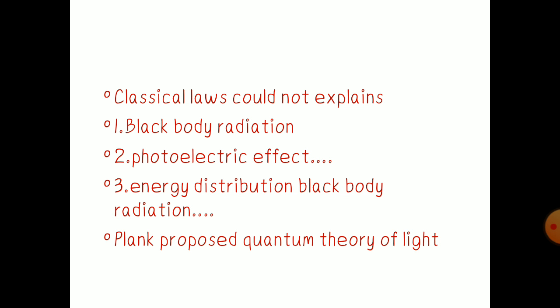Why the photoelectric effect is observed in metals could not be explained with the help of the laws of classical mechanics. And again, the energy distribution inside black body radiation is also not explained by classical laws.